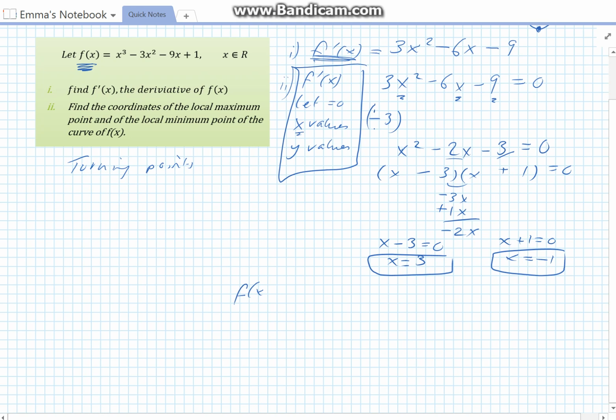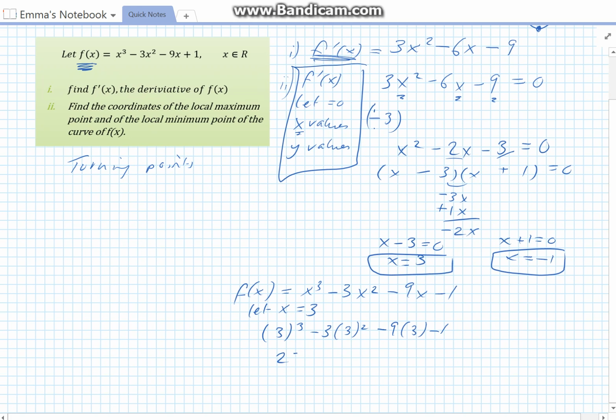So f of x is equal to x cubed minus 3x squared minus 9x plus 1. And we know that f of x actually means y. So what we're going to do is sub back in the x values. We'll let x equal 3 first to find the first point. So we'll have 3 cubed minus 3 times 3 squared minus 9 times 3 plus 1.